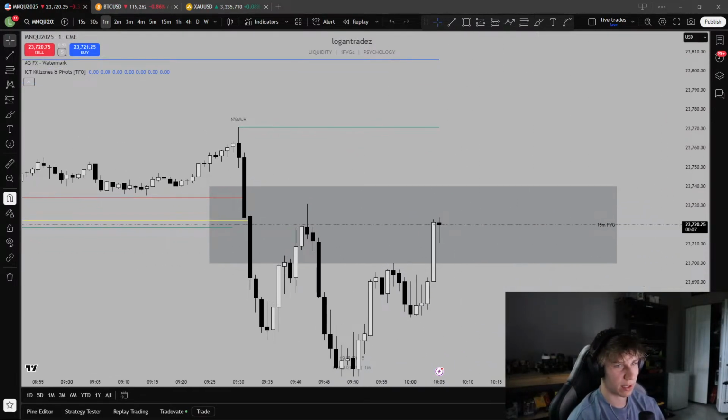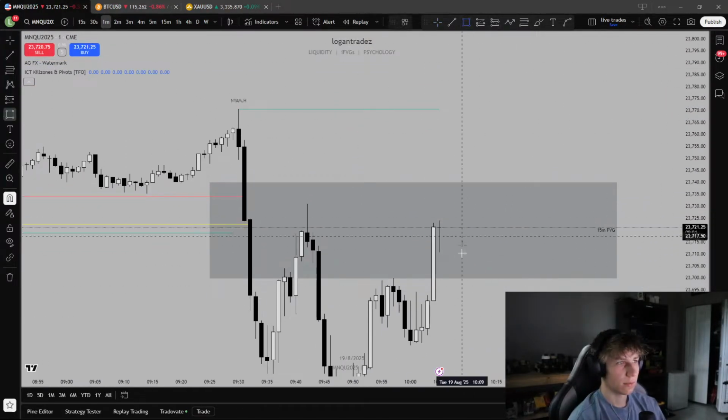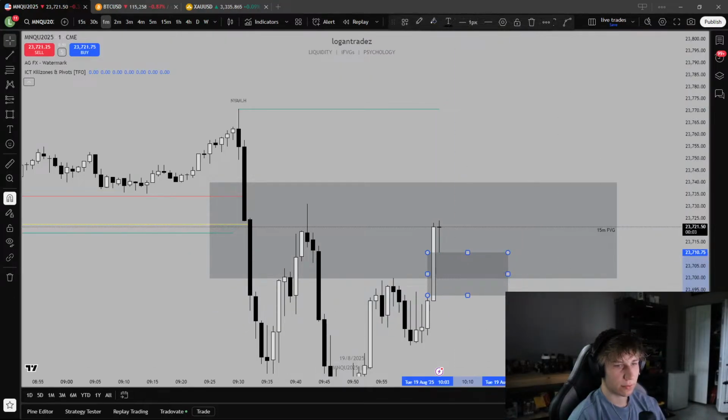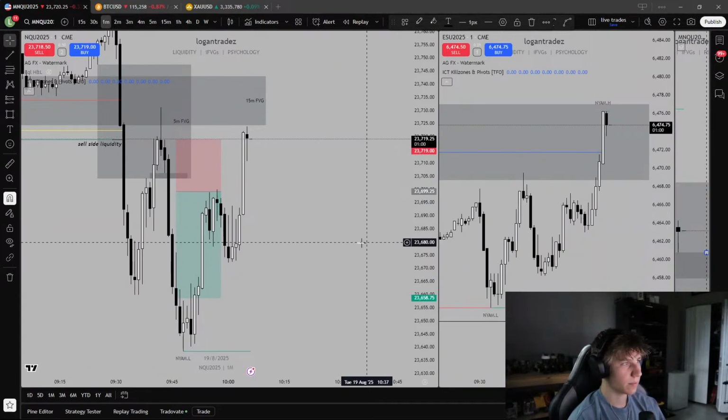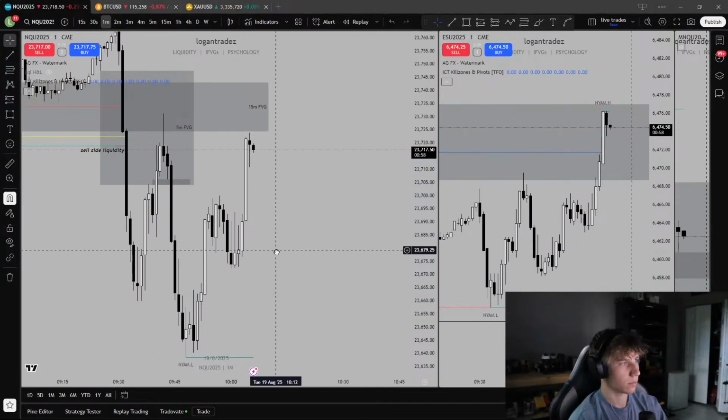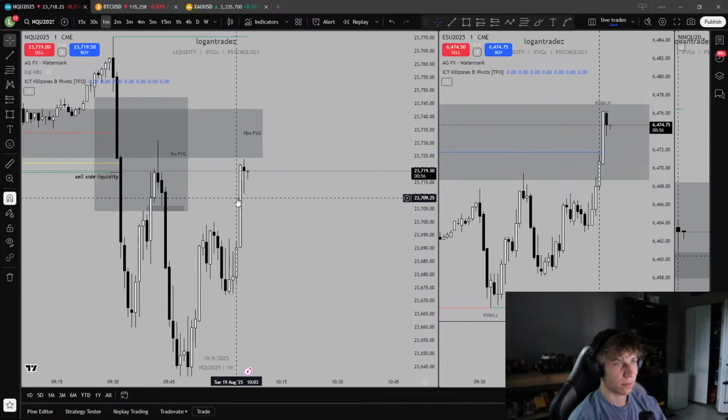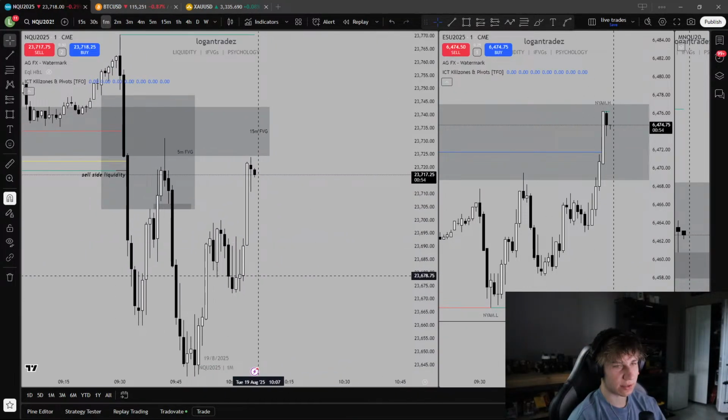Yeah, we have a 1-minute gap here for a possible short. Let's see what ES is doing here. Okay, we have an SMT at these highs.